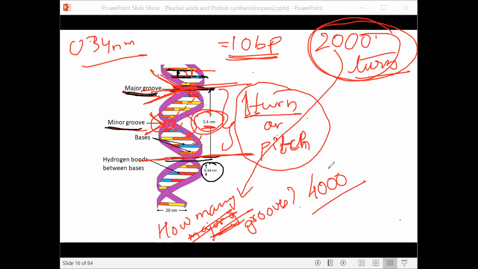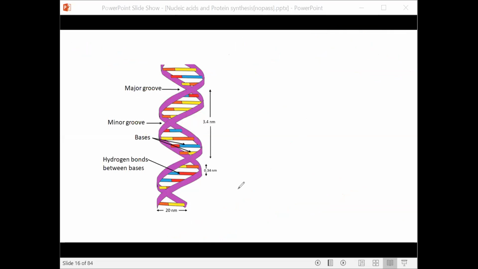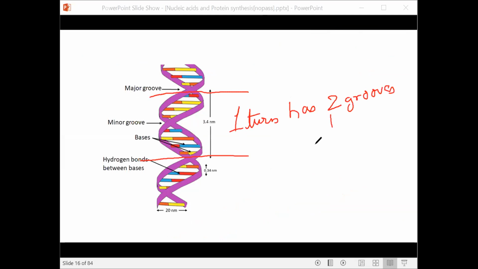Shruti ma'am, see, I've made a mess over here in the diagram. Let me just clear everything. Okay, see, this is one turn. One turn has two grooves. In these two, one is major.